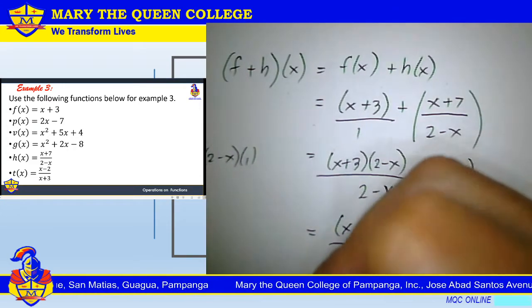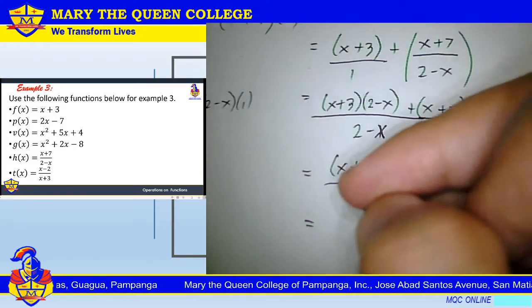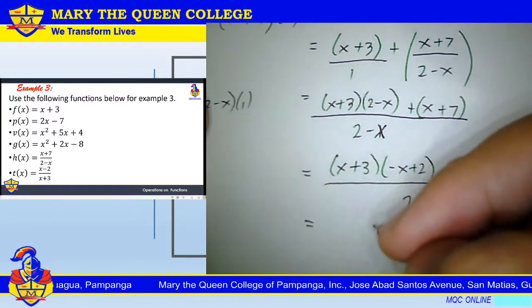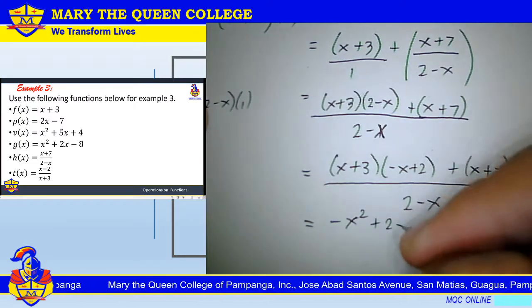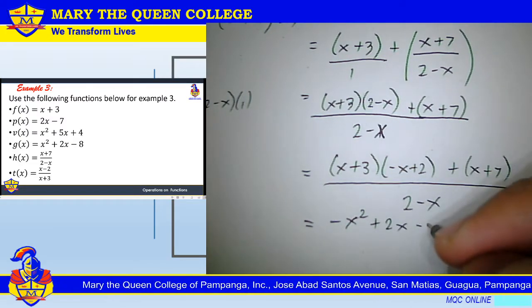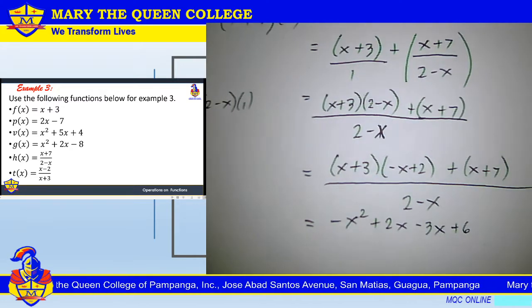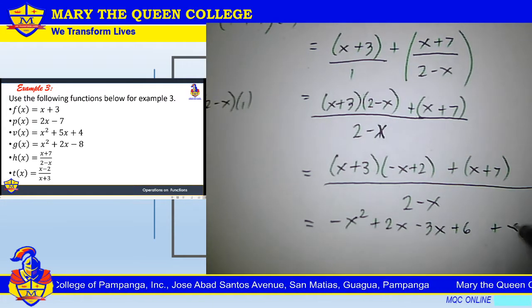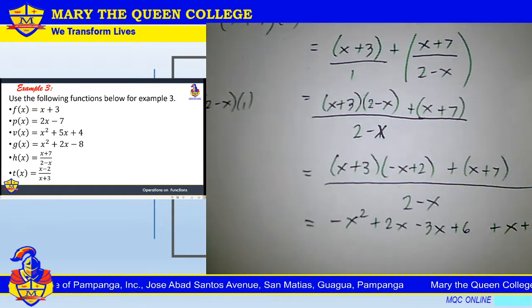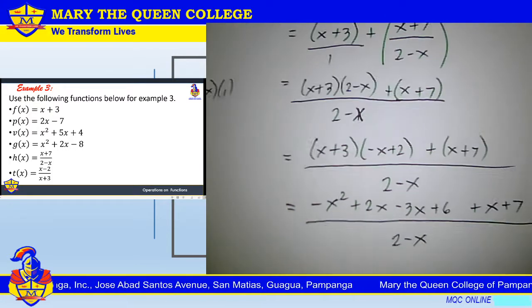Then, apply natin yung mga basic rule, multiplication of binomials. Using FOIL method, meron tayong negative x squared plus 2x minus 3x plus 6, plus, remove the grouping symbol here, x plus 7 all over 2 minus x.